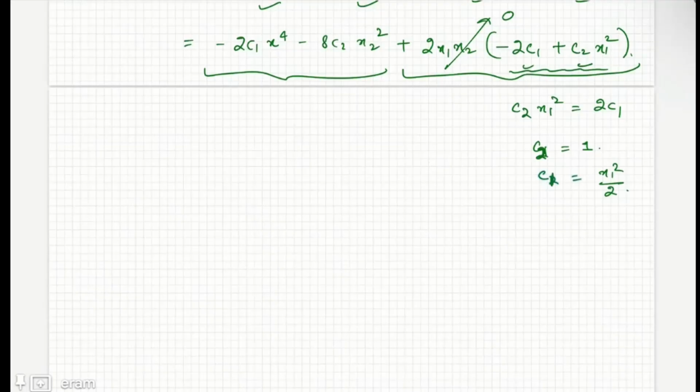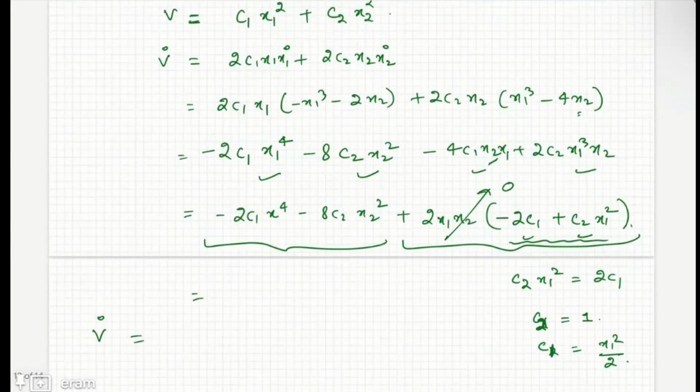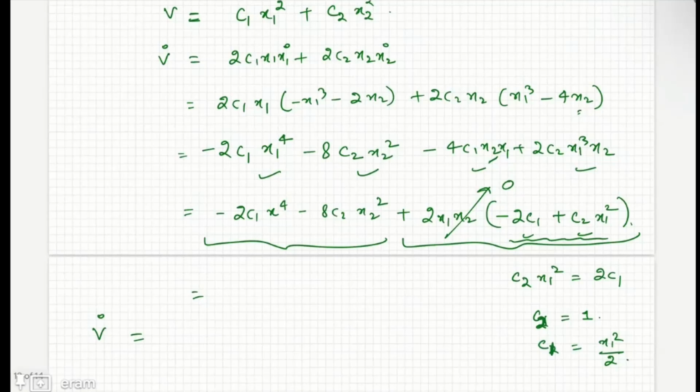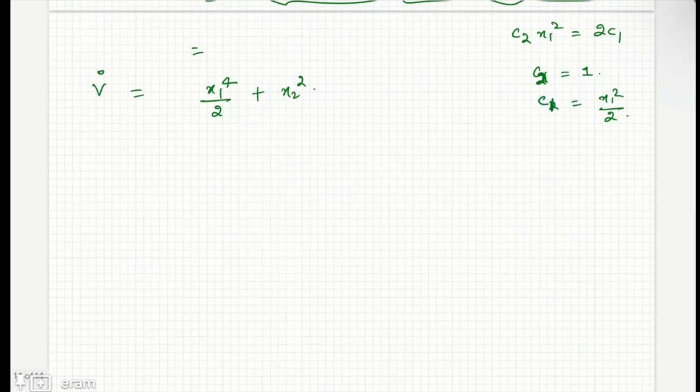Now if we have such a scenario, let's see what our V dot will be. So with c2 as 1 and c1 as x1 square by 2, V will be x1 to the power 4 by 2 plus x2 square. This is also positive definite because it is always positive and it will be 0 only at x1 0 and x2 0.